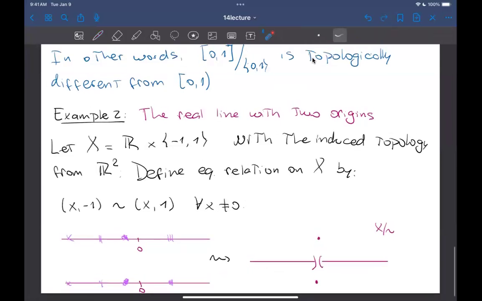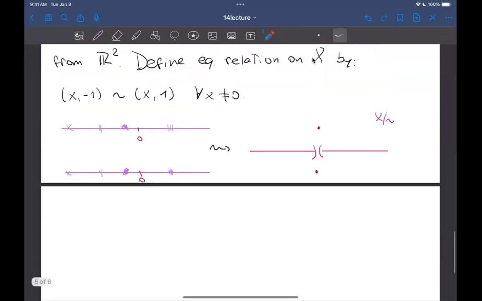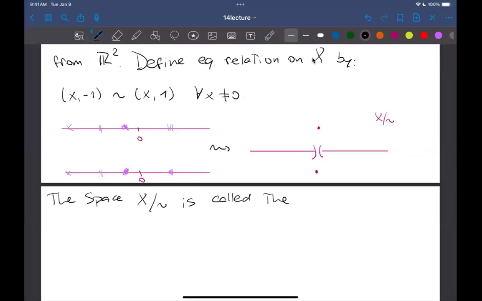Okay, now we should try to understand this space. So to understand this, maybe let's put some names. So the quotient space X over this relation, with the quotient topology, is called the line with two origins.